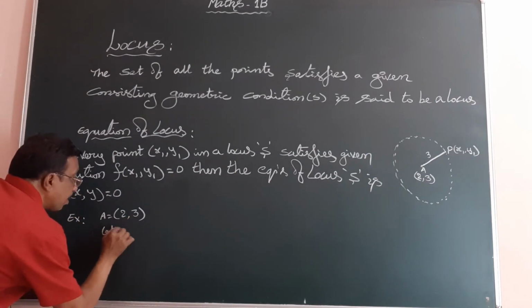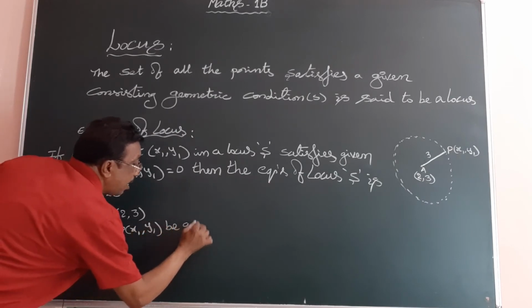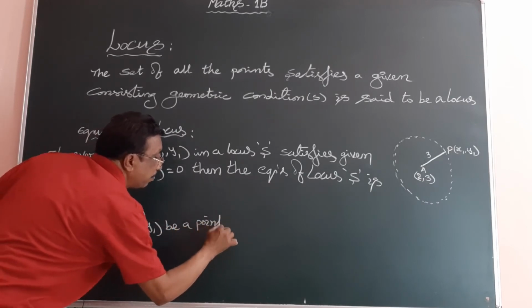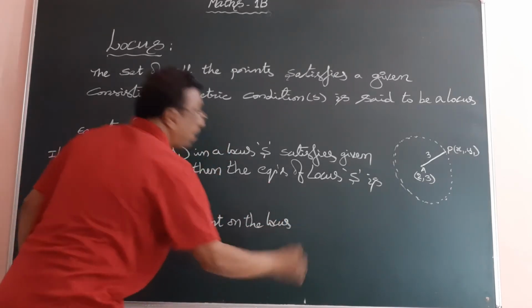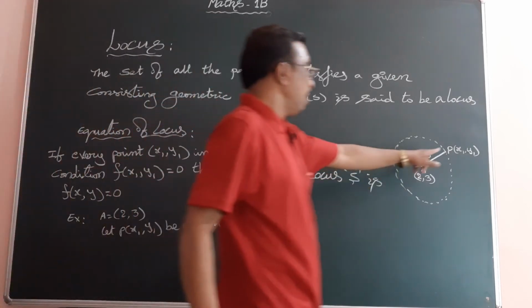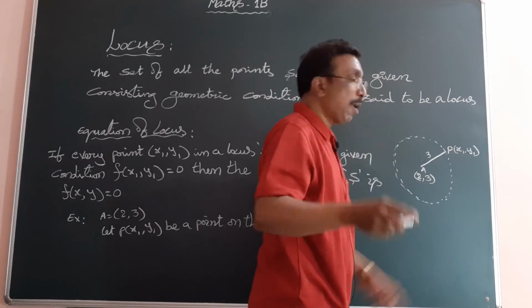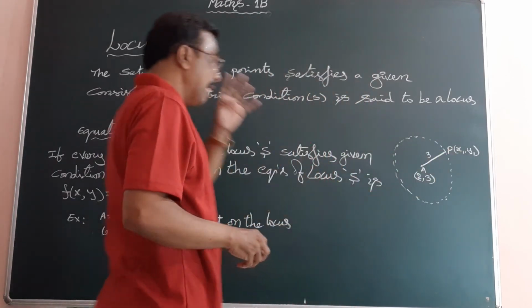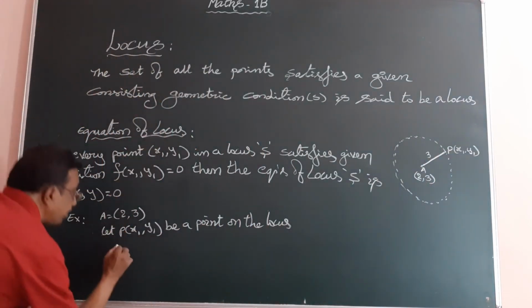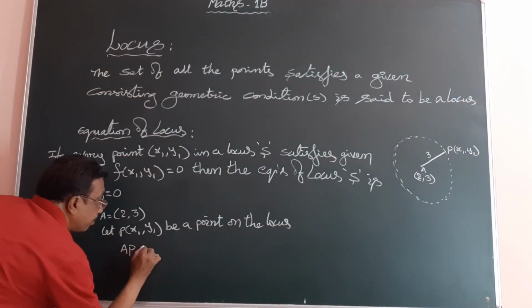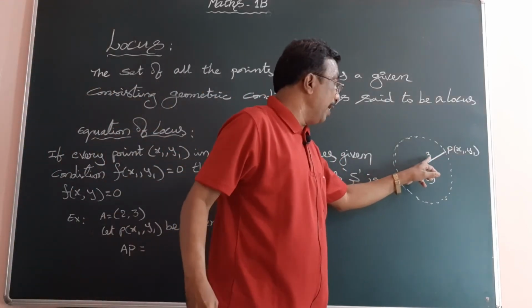This is the locus, and P is a point on the locus. Next, AP means the distance between these two points. How many units are given? 3.